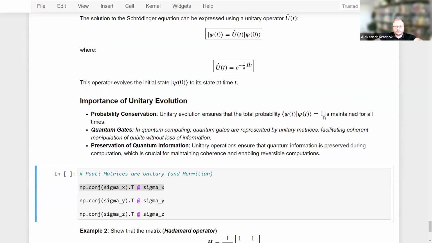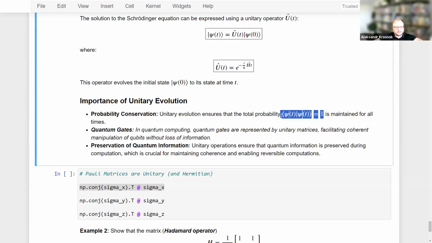So they preserve all probabilities, which means that basically they describe the evolution of a quantum system in the best way.